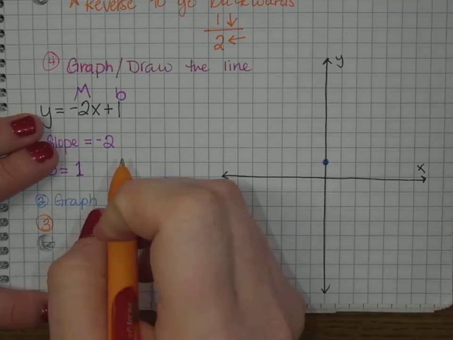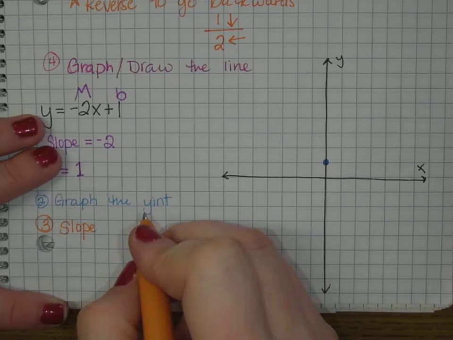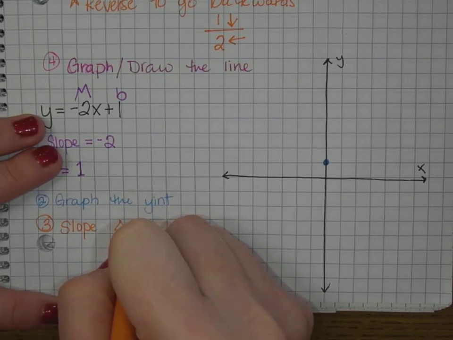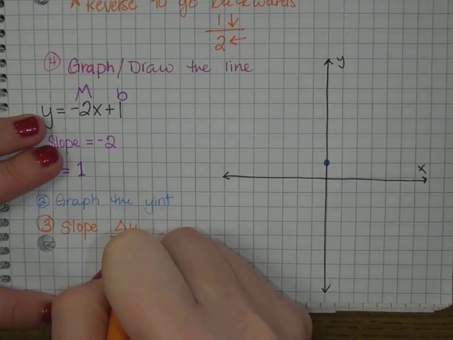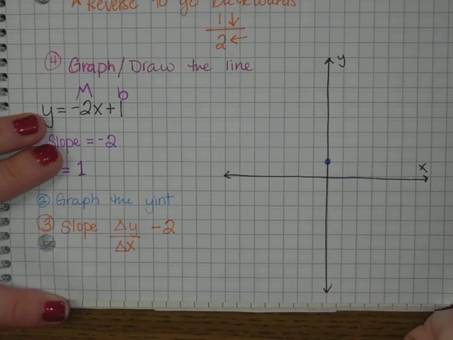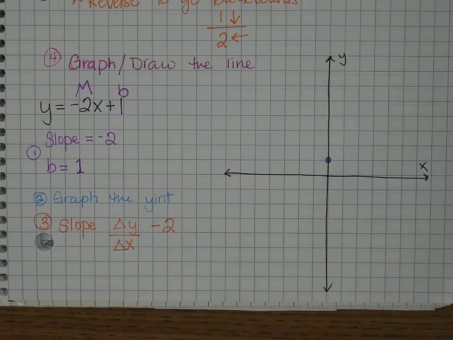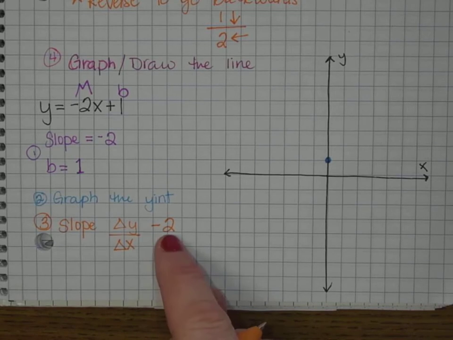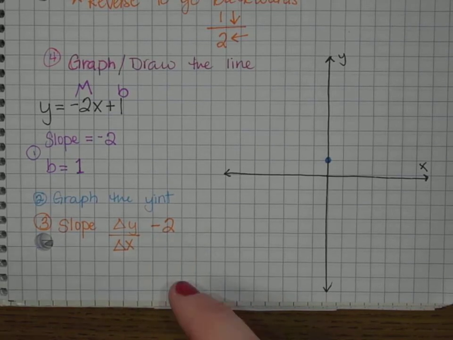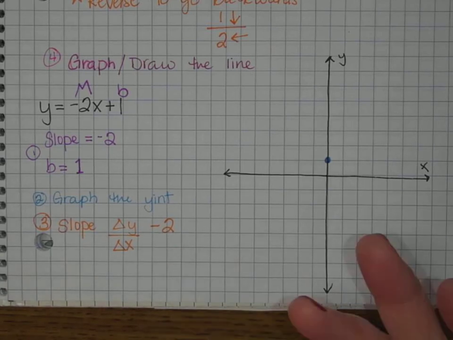Now step 3, we need to use our slope, which is change in y over change in x. Well, our number is negative 2, so it's not already written as a fraction. I think these end up a little bit harder for some people, just because you don't know how much to run.